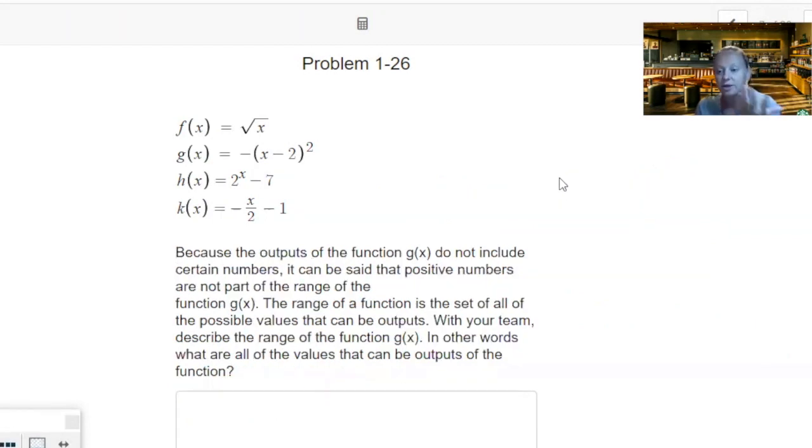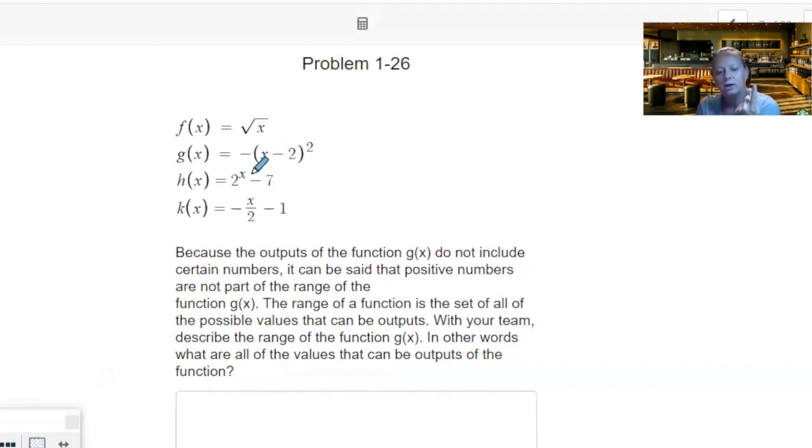Okay, next question. Again, pause if you need to. Come back. All right, it's asking you to describe, and we don't have to be detailed with notation, but describe the range of the function g of x. So take a look at g of x, and like we said, there's only going to be negative numbers coming out of there. So if we're talking about the range of g of x, it's always going to come out with a negative number, but what about 0?